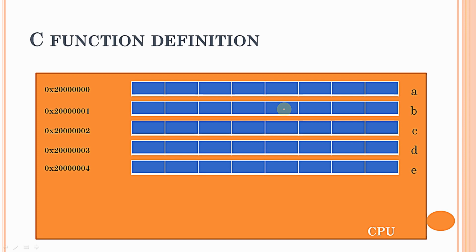The address of the variable A is 0x2000000, and B is 0x2000001, and C is 0x2000002, and D is 0x2000003, and finally the E variable is located at the address 0x2000004. So these are the different 32-bit addresses of all these variables inside the CPU.